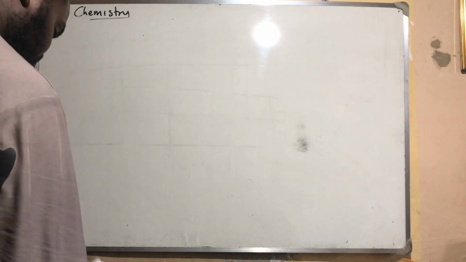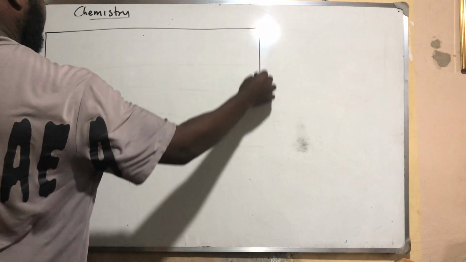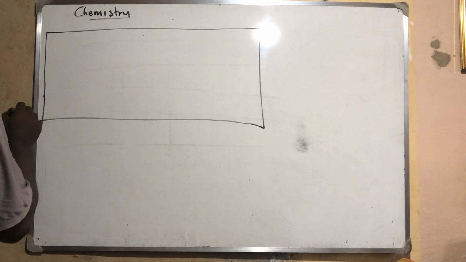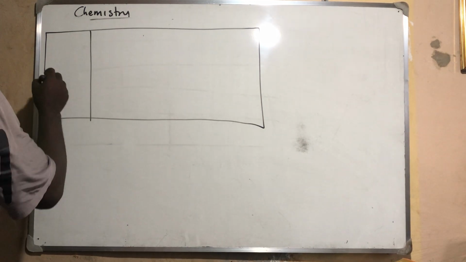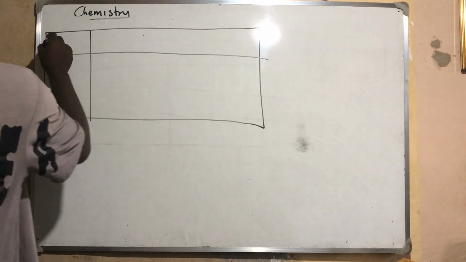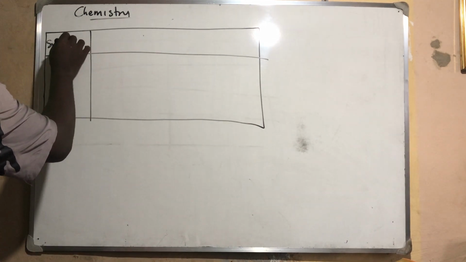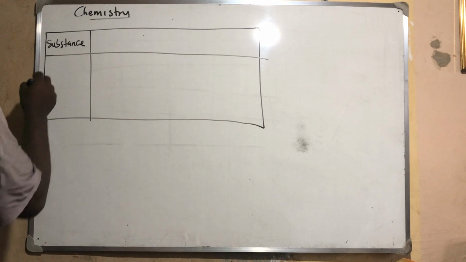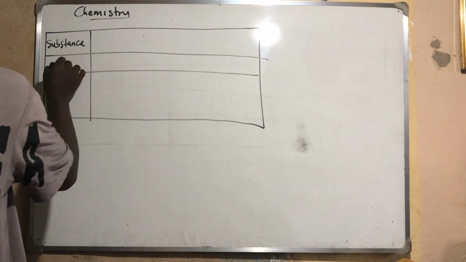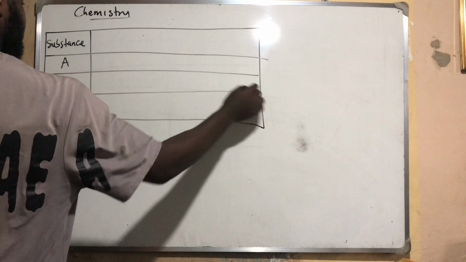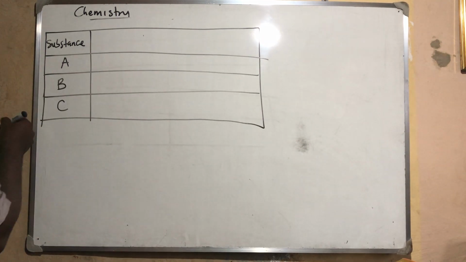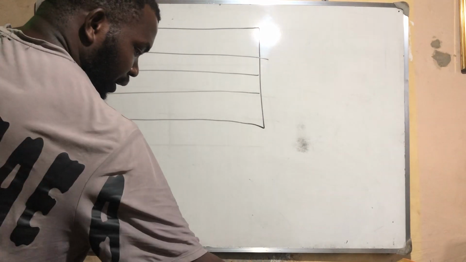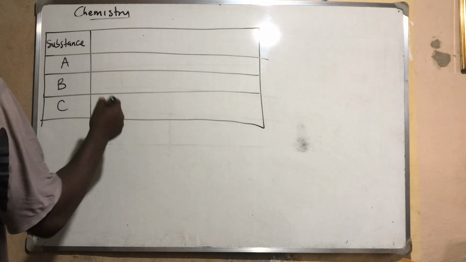So the next one, they gave us another table. They say that here is substance.